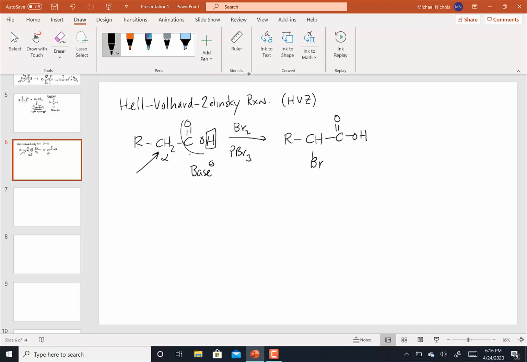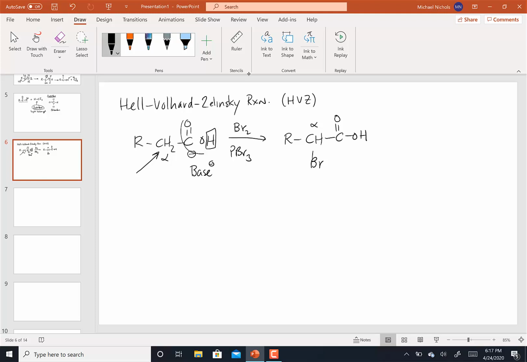Well, that carboxylate is going to have a negative charge. I can't put another negative charge on this carbon by deprotonating it, because then I'm going to have two negative charges next to each other, and that just isn't going to work. So I need an alternative way to brominate, to alpha brominate carboxylic acids.